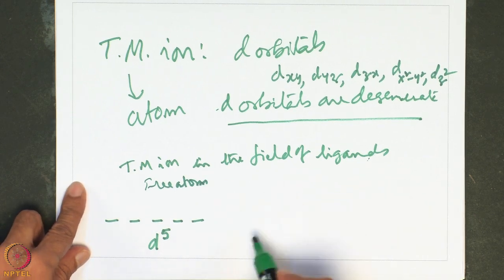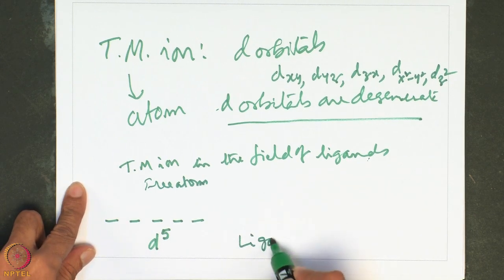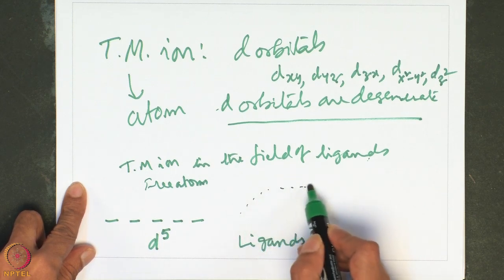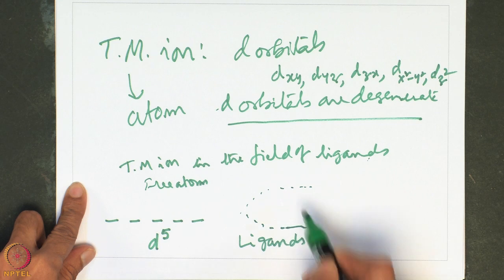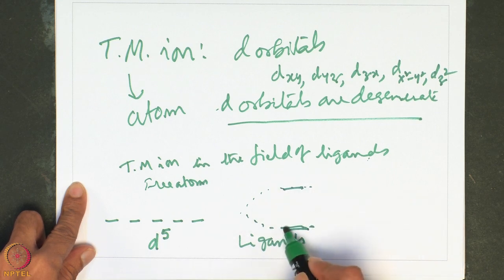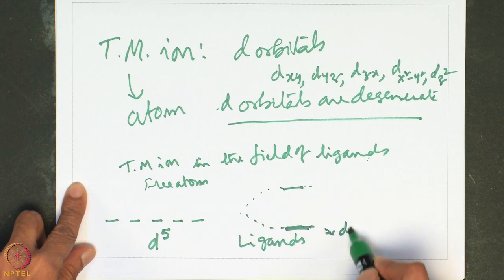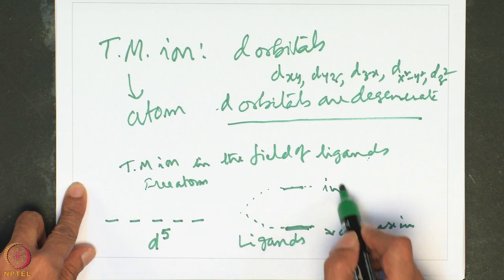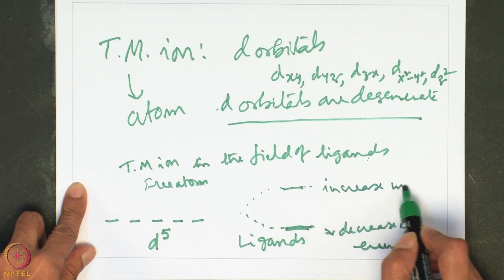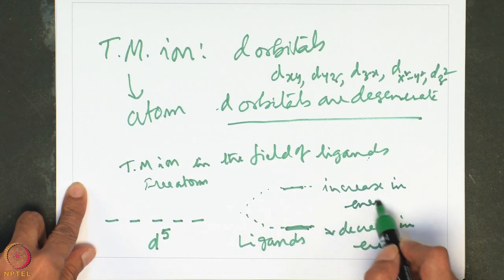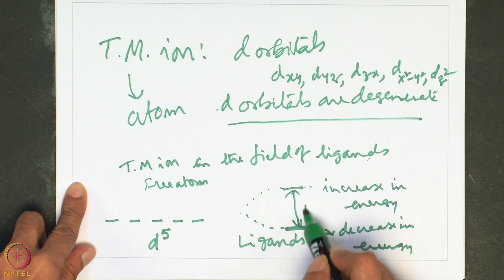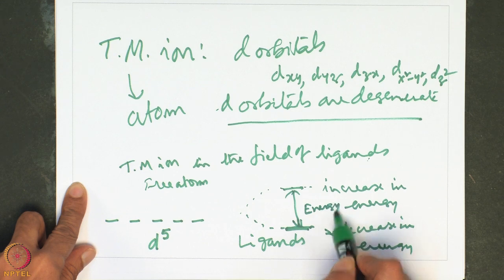But if I put some ligands, some of them will go up and some of them will go down. Some decrease in energy and some increase in energy. So, this is the energy gap.